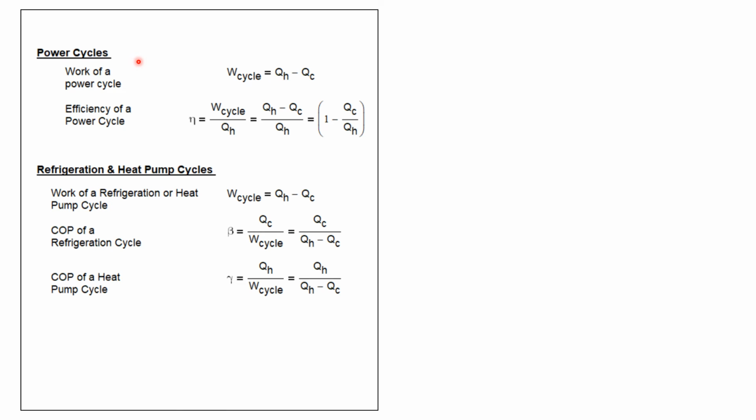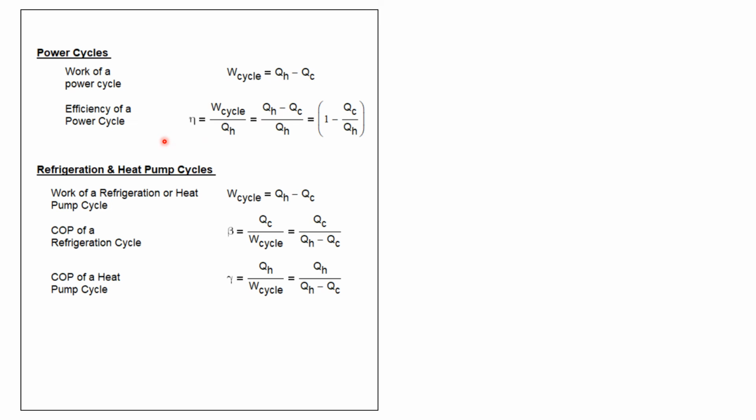We introduced power cycles, and we did a simple energy balance on a power cycle, treating it as a closed system. And what we found was that the work done by the cycle is just QH minus QC, where QH is the amount of energy transferred into our cycle by a hot reservoir, and QC is the amount of energy transferred from the system to a cold reservoir.